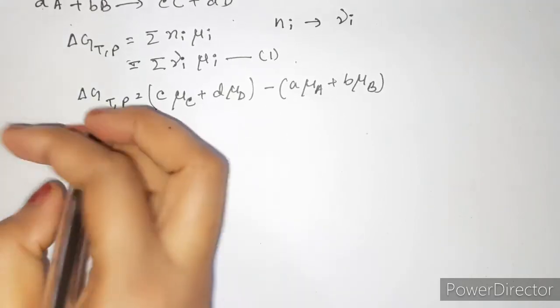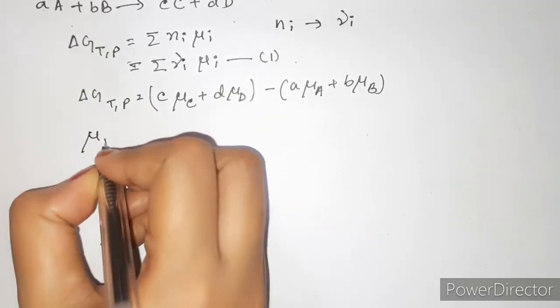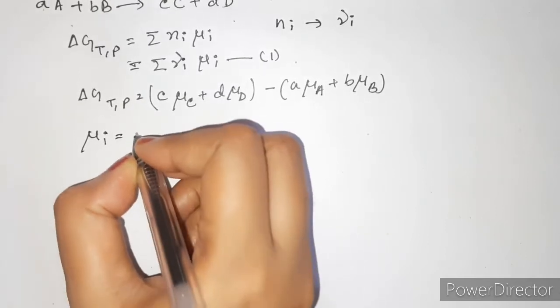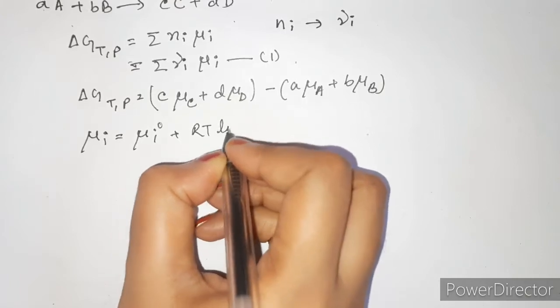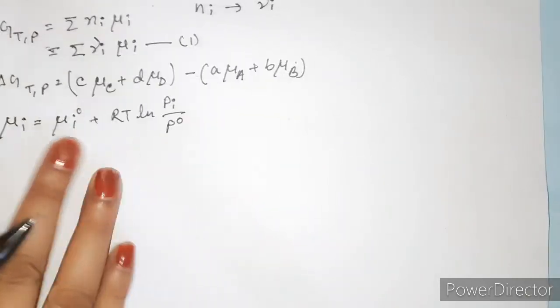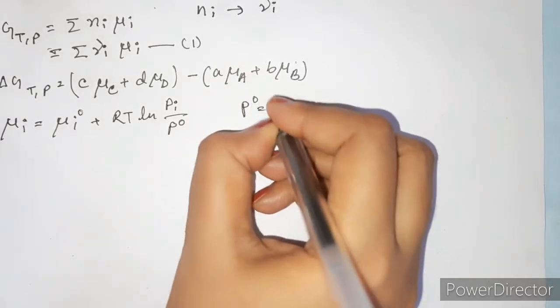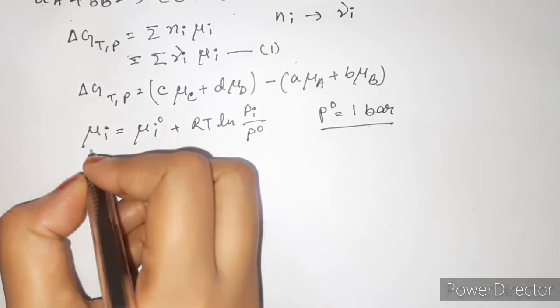Now the general equation for chemical potential is mu i is equal to mu i 0 plus RT ln Pi by P0, where let's say P0 is equal to 1 bar. Now what is mu i?